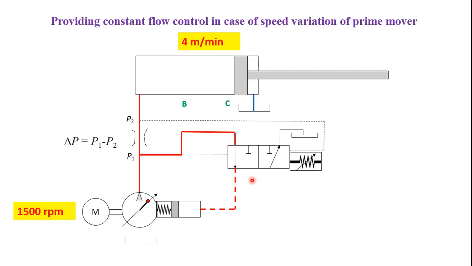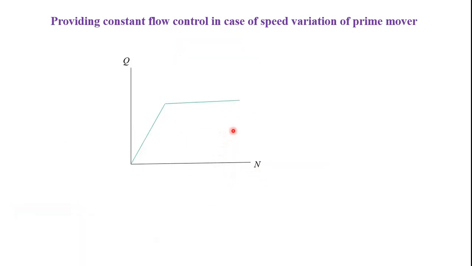Once the delivery of this flow is reduced to this required value, the control valve will again go to the closed position. Thus, the provision of adjusting flow rate while the pump is running in case of a variable displacement pump makes it possible to provide a constant flow rate even if there is a variation in the speed of the prime mover.